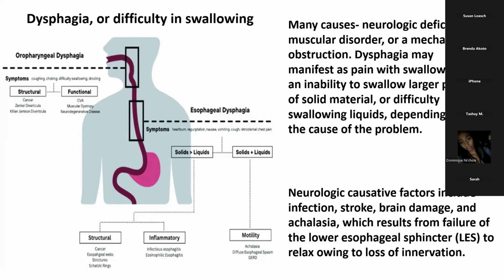We'll talk about that in a second. That's something called achalasia. All right. So structurally, they could have a problem with solids and liquids in the esophageal area because of cancer, strictures, esophagitis, and motility would be more of the achalasia or GERD.